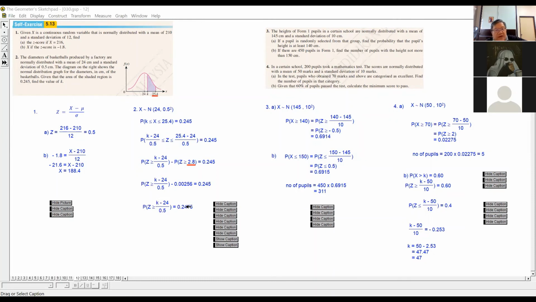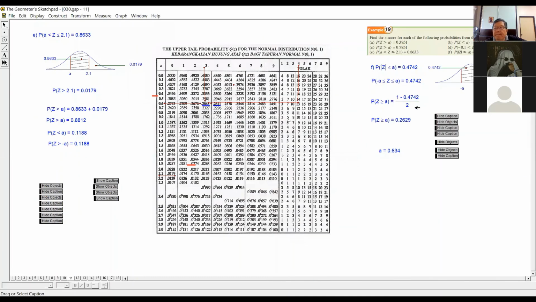So you have to refer to the table. 0.2475, where is it? 0.2475 is here.